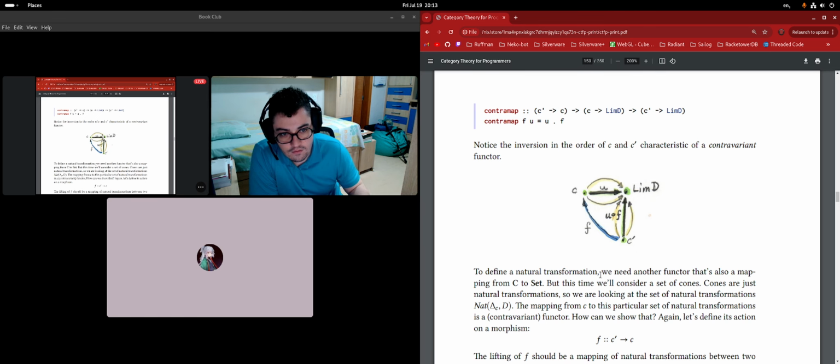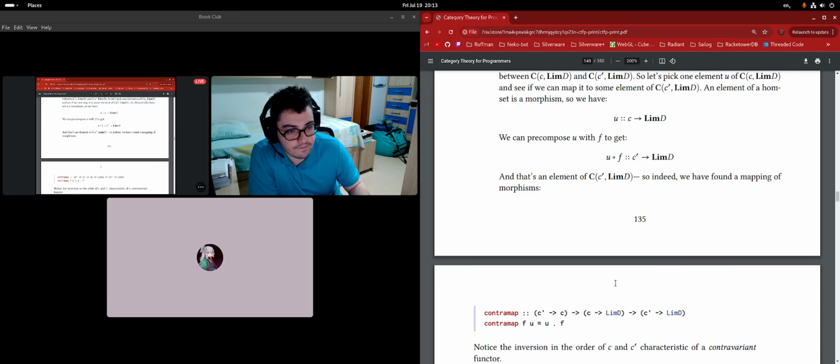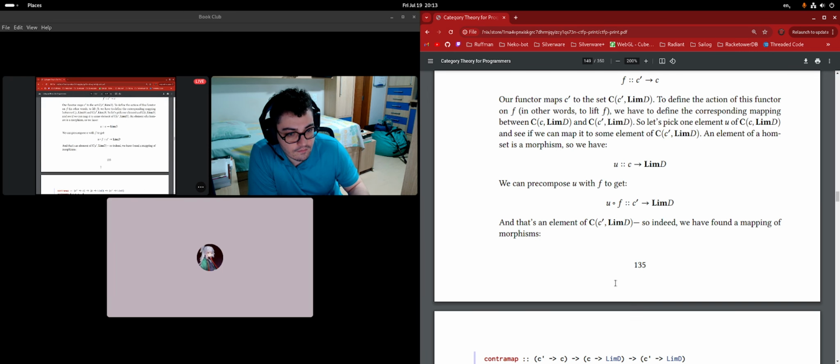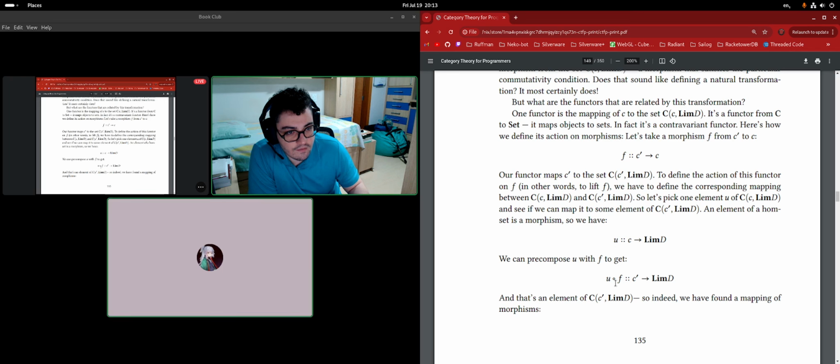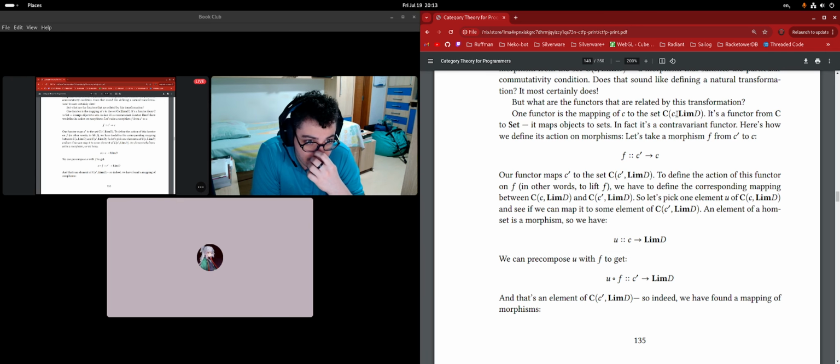Is that right? I think that's right. Yes, one mapping functor is the mapping of C to the set, but to this specific set, which, for some object C, is the set of morphisms that pick an element C and go to lim D.